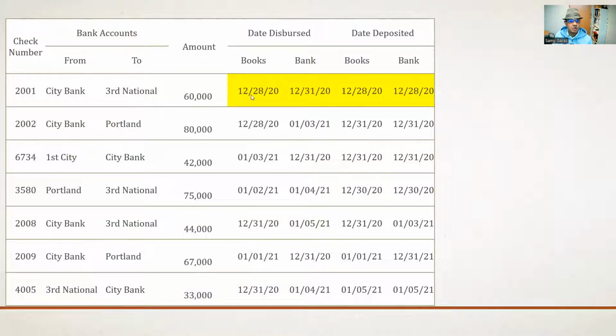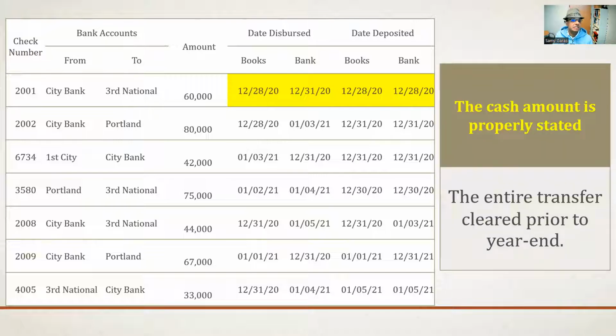The payment in our books is in 2020, the receipt in our books is in 2020, and the bank accounts are in 2020. So what is the result? The result is that cash is properly stated. Why? Because everything is in the same year. The entire transfer cleared prior to the year end. Let us look at another one.